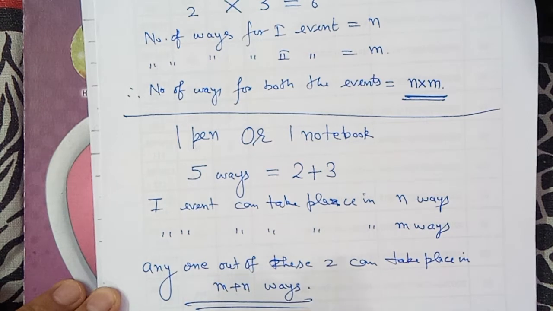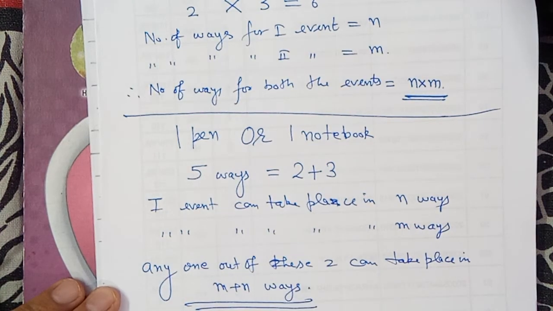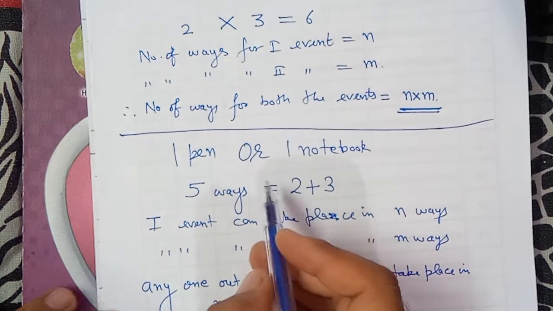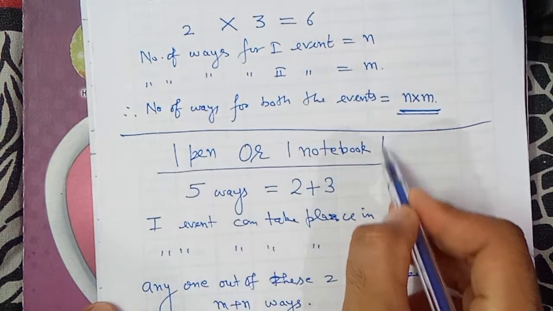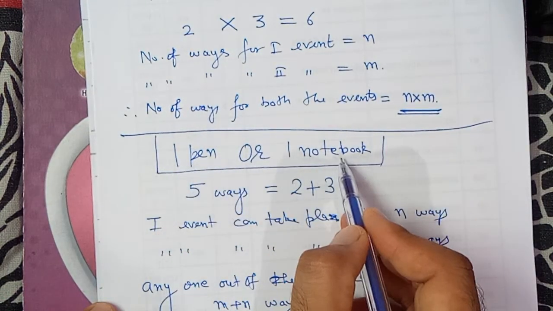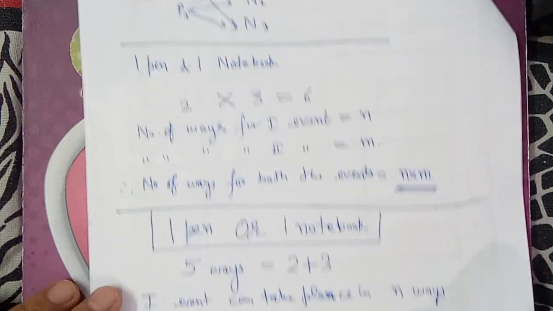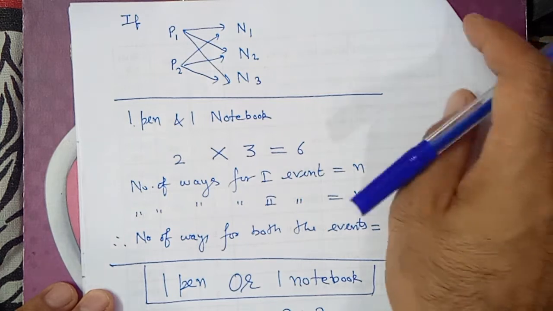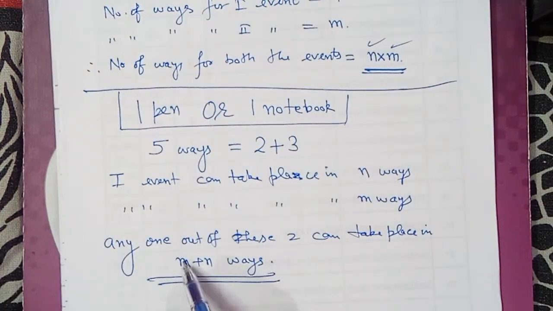This time we will add these two options, in m plus n ways. This is known as the rule of sum. This is applicable if any one out of two is taking place at a time. If first and second both are taking place, then we will multiply the numbers. If either first or second is taking place, then we will add the numbers.